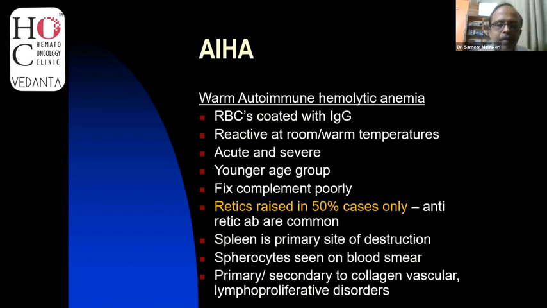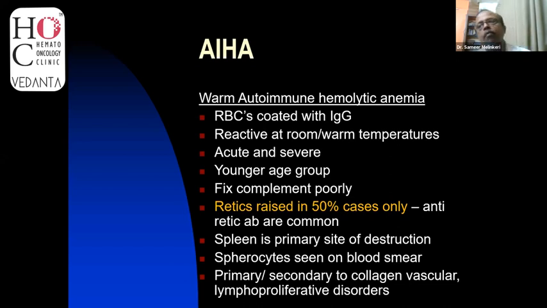So AIHA can be of two types. One is the warm autoimmune hemolytic anemia and the other is the cold. Warm AIHA is typically because of IgG mediated hemolysis. So it reacts at room temperature or warm temperatures. It is acute and severe, more common in the younger age group. And IgG, remember, does not fix complement all that avidly.